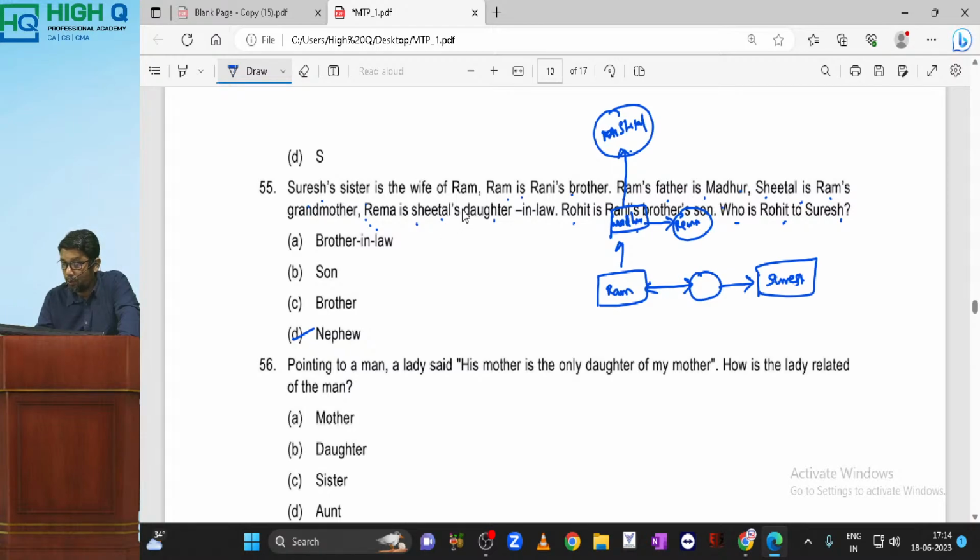Oh, sorry. Daughter-in-law. So Sheetal's son is Madhur. Sheetal's daughter-in-law is Reema. That means Madhur and Reema are couples. Rohit is Rani's brother's son. Where is Rani? Did I miss Rani? Oh, Ram is Rani's brother.